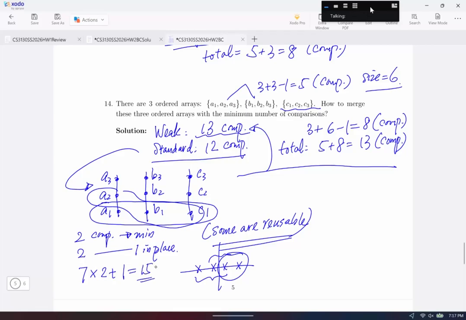In this way, the best you can get is 15. 2 worse than our weak solution, right? So if you use a similar idea from our standard merge operation, you do much slower than our weak solution. So this is not good.